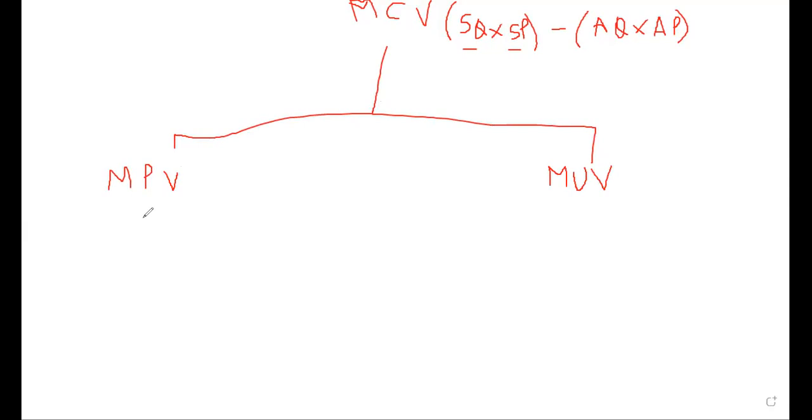So price variance is the difference between standard price minus actual price applicable at the actual quantity.